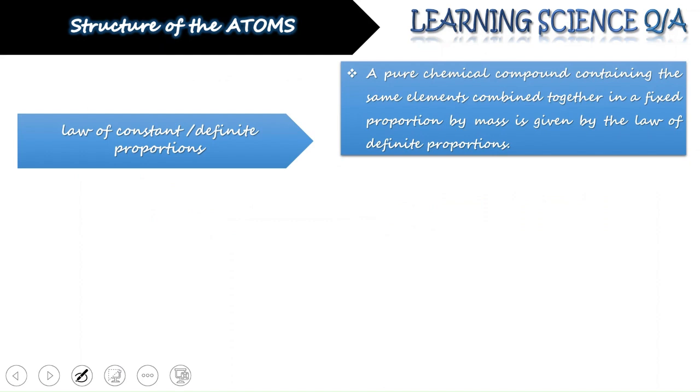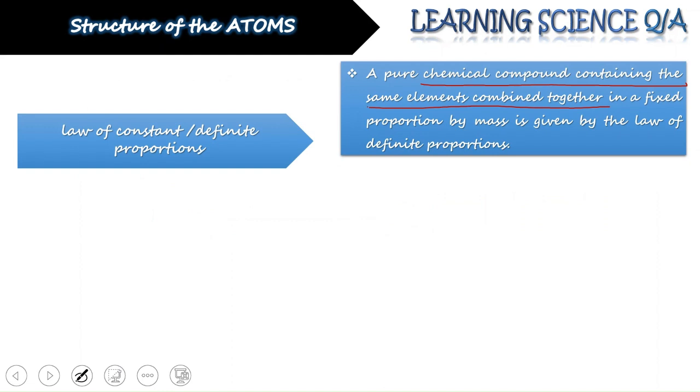Next law says law of constant or definite proportion, which says a pure chemical compound containing the same elements combined together in a fixed proportion by mass is given by the law of definite proportion.